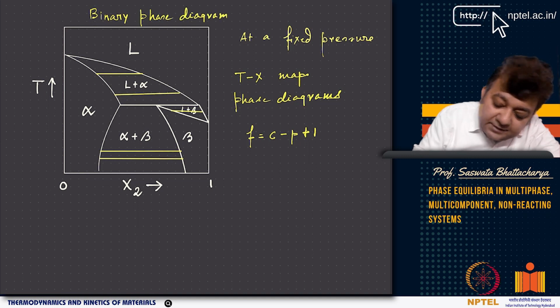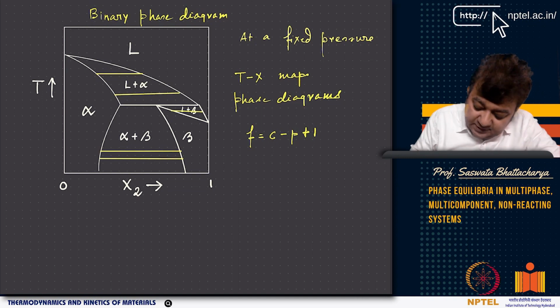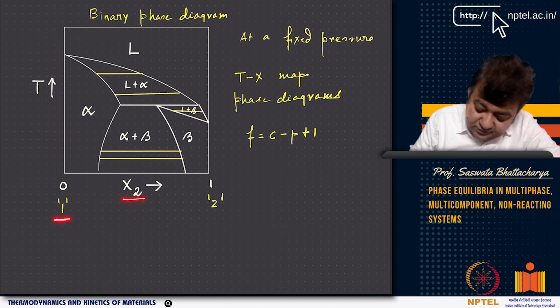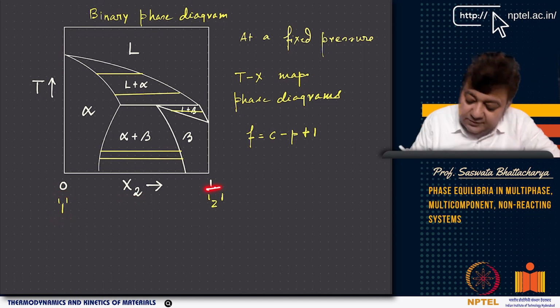Binary means two components: component 1 and component 2. Now x2 is your independent variable. When you have pure component 1, x2 is going to be 0. If you have pure component 2, then x2 is going to be 1.